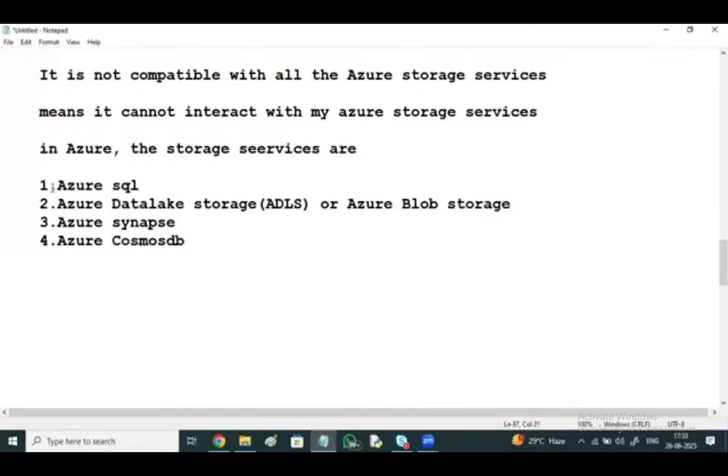So this is for storing RDBMS. This is storing data in the form of files, file system, distributed file system. This is for data warehouse. This is for NoSQL.